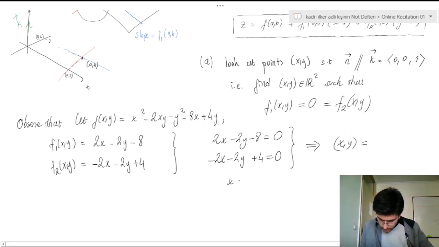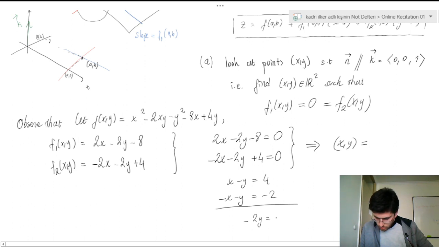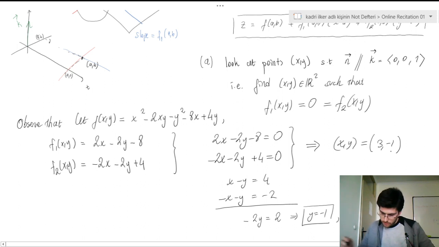So we have x minus y equals 4, I guess, and we have minus x minus y equals minus 2, and over here, let's see what we get. Minus 2y equals 2, and y equals minus 1. And when y is minus 1, x equals 3. Okay, 3, minus 1. I guess it should do.